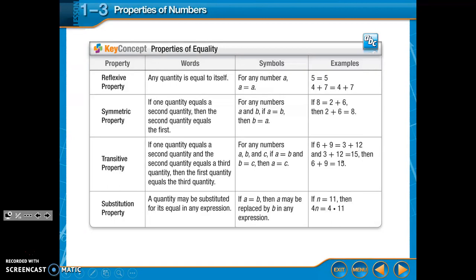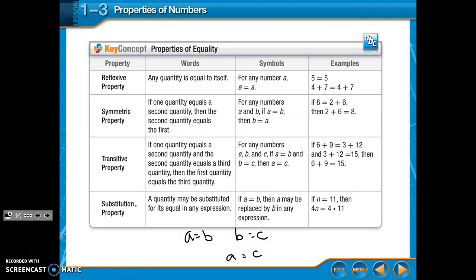And if 3 plus 12 equals 15, and those two are equal, then 6 plus 9 also has to be equal to 15. So it's like saying if A is equal to B, and then B is equal to C, then you can cut out that middle thing. Since they're both equal to B, both A and C have to be the same. So A is equal to C.